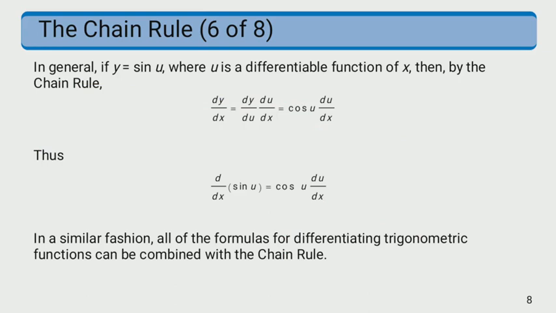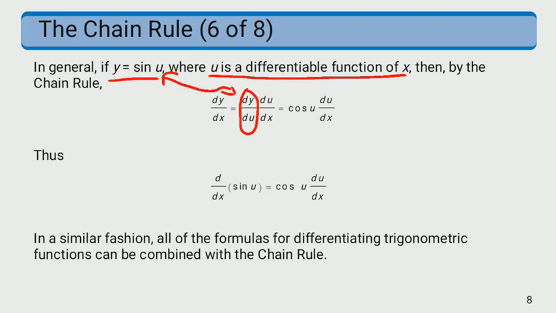So in general, suppose you are given y equal to sine of u, and then we assume that u is also a differentiable function of x. Now we can still apply chain rule again. To get dy dx, we need to first start by differentiating y with respect to u, because now y depends on u.